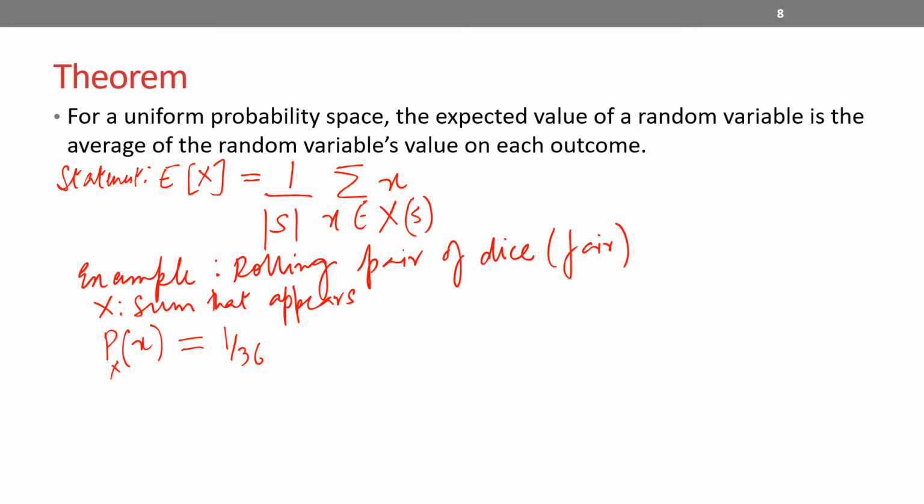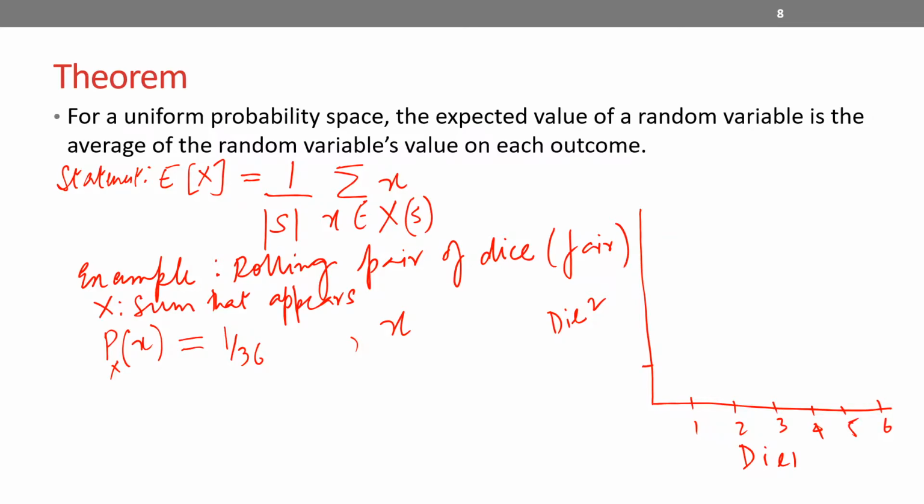Now let's try finding out what values X takes, because X is the sum that appears on both dice. We can actually visualize this problem. Let's say this is my die 1 and this is my die 2, and these are the values that can appear: 1, 2, 3, 4, 5 and 6.